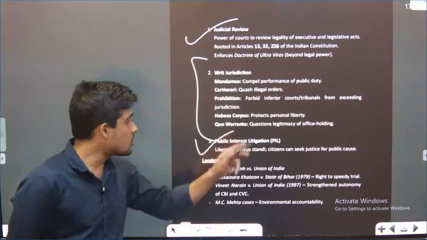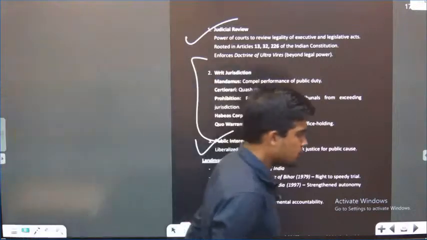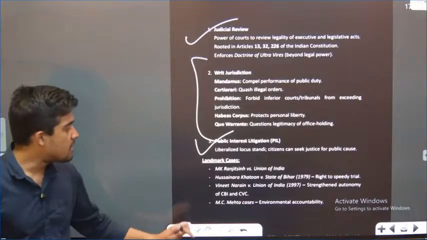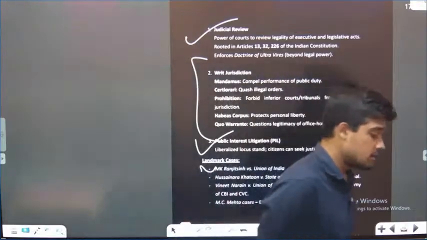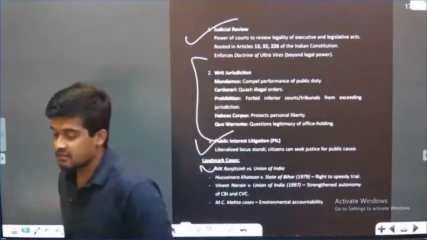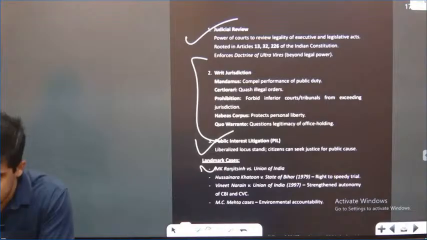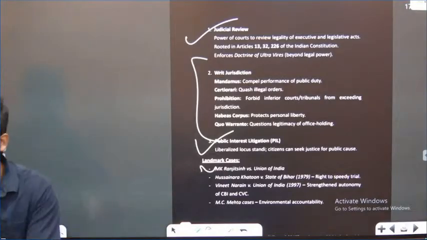Then there is something called public interest litigation, that through using PIL, the court can instruct the government to do its job. Yes. There are certain landmark cases, for example, M.C. Mehta versus Union of India, in which the court said that the right to a clean environment is a fundamental right of people, and the administration needs to work towards it. Similarly, Hussainara Khatoon versus State of Bihar, right to a speedy trial.